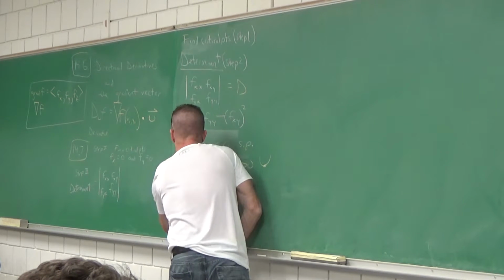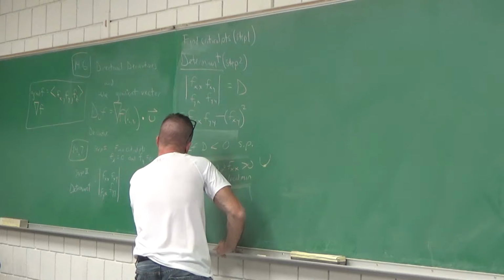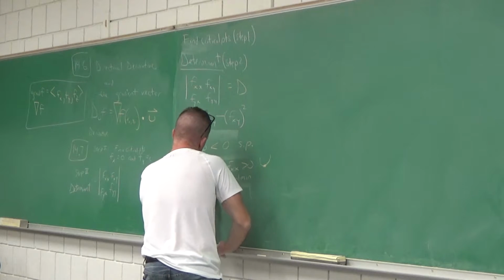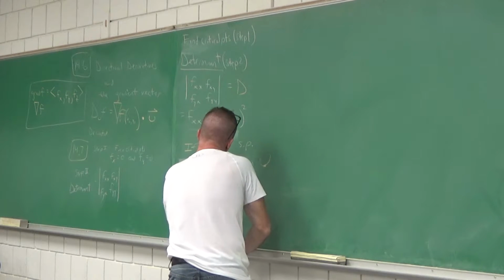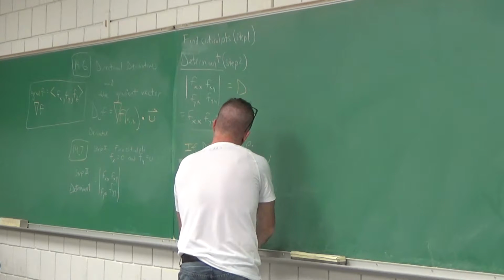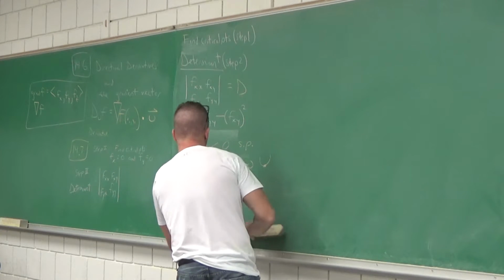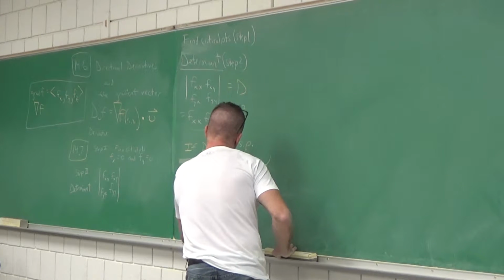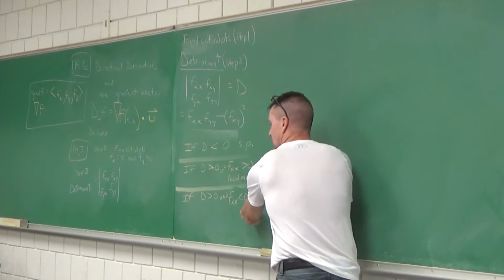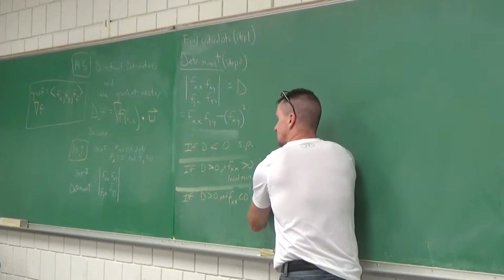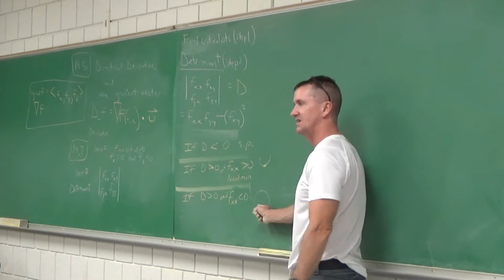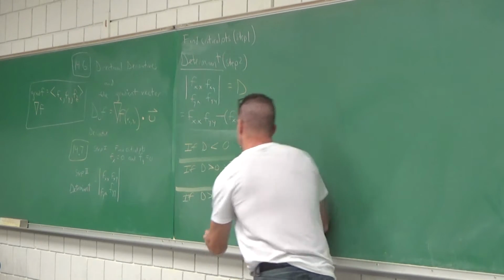Let's do another one. What if your determinant's greater than 0 and fxx is less than 0? What's happening there? Local max. Second derivative is negative, concave down, it provides a local max.